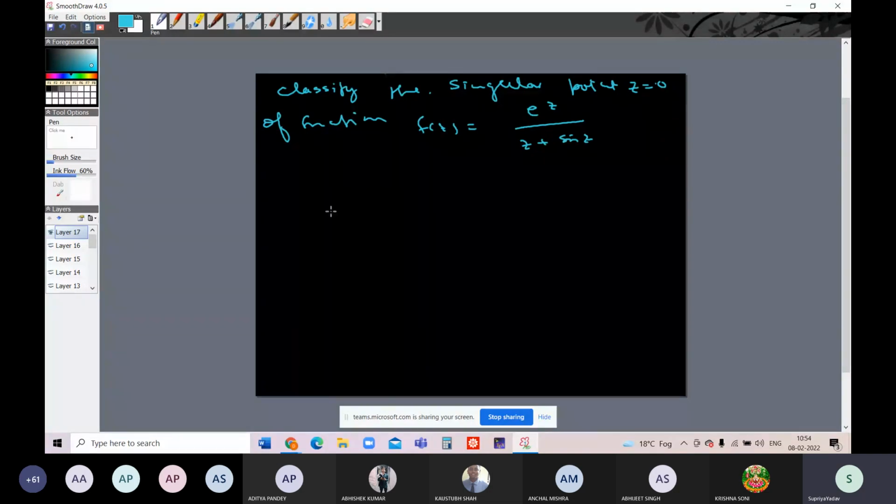So first of all, we want to write a series for this function about z is equal to 0. The series of sine z about z is equal to 0 will be z minus z cube upon factorial 3 plus z to power 5 upon factorial 5, and so on.